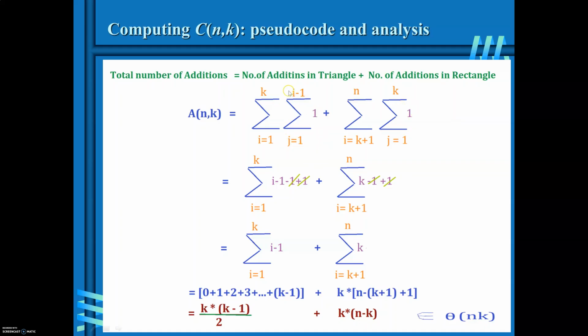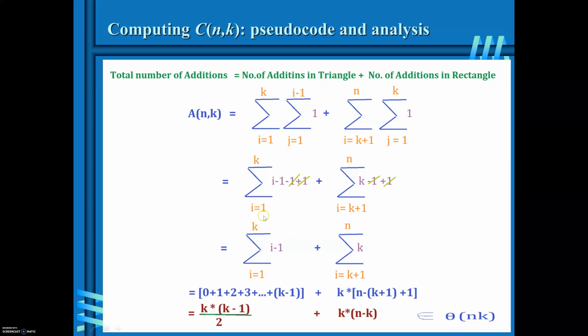So simplify this summation. When you simplify a summation, the result is upper limit minus lower limit plus 1. So this 1 gets cancelled. With that, what results here is i minus 1. And in this case, k minus 1 plus 1, so the result is k here.